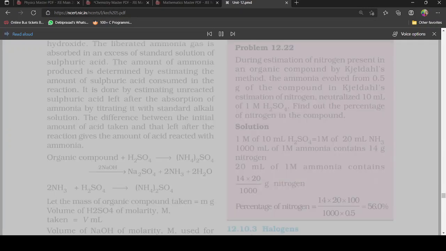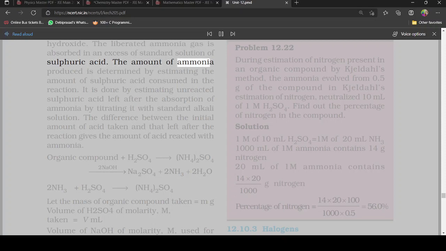358 Chemistry. Fig. 12.17 Carius method. Halogen-containing organic compound is heated with fuming nitric acid in the presence of silver nitrate. The liberated ammonia gas is absorbed in an excess of standard solution of sulfuric acid.